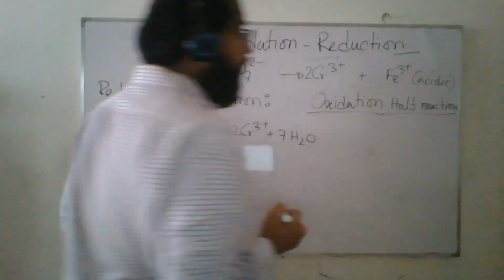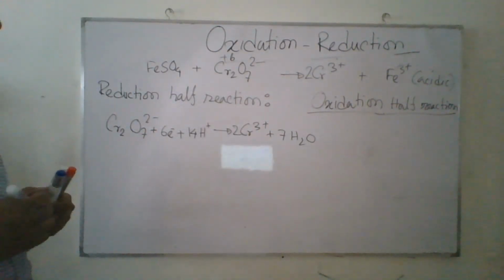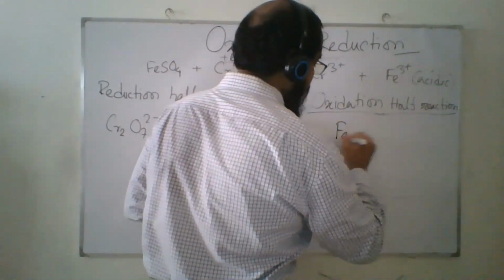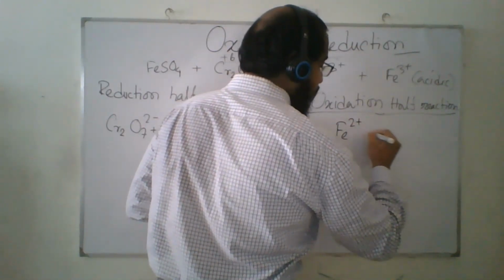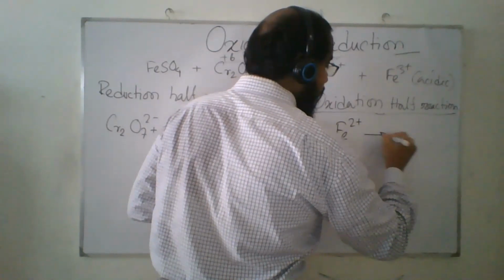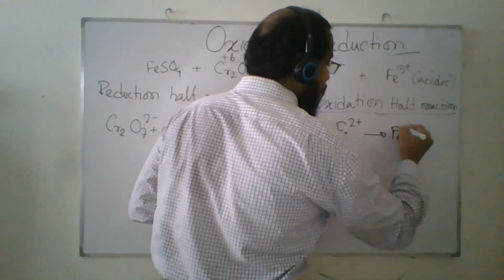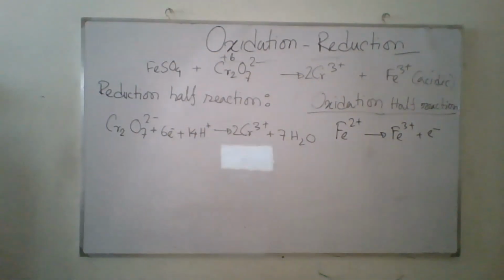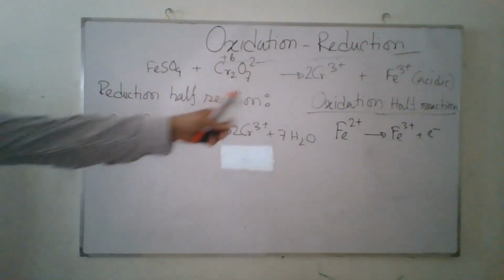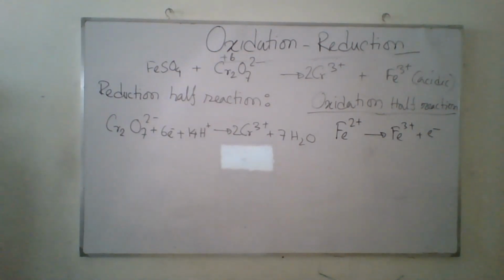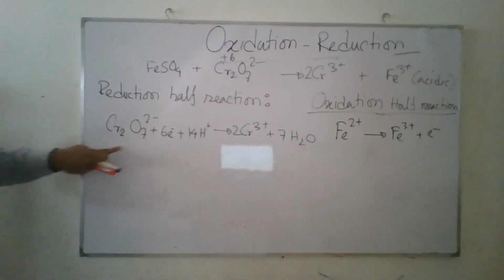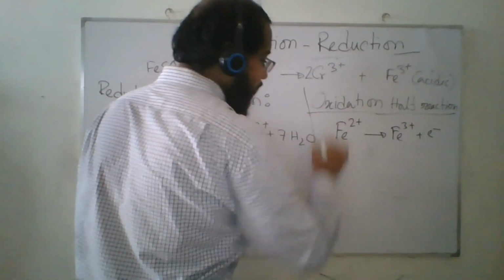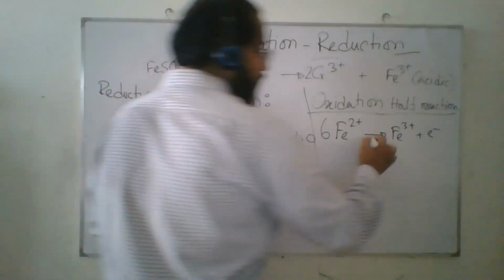Now for the oxidation half reaction, iron 2 plus is converted to iron 3 plus and gives only 1 electron. Now if only 1 electron is donated, but you need 6 electrons to balance this one, we can multiply this oxidation half reaction by 6.